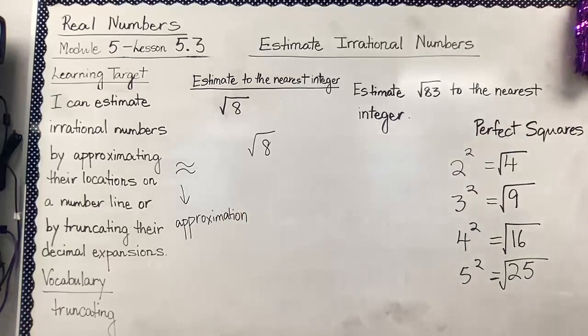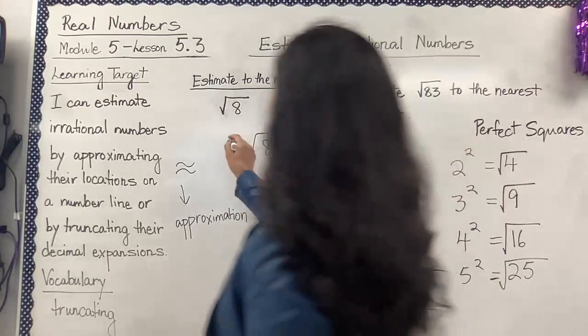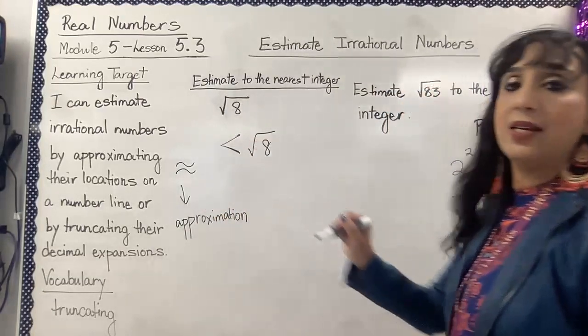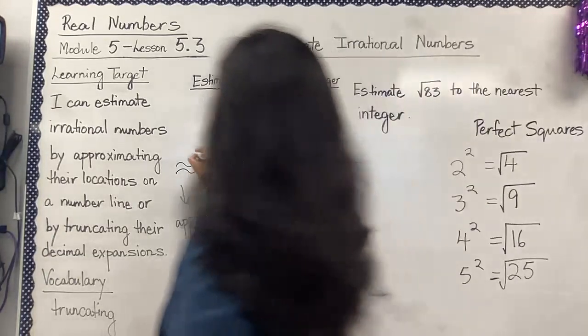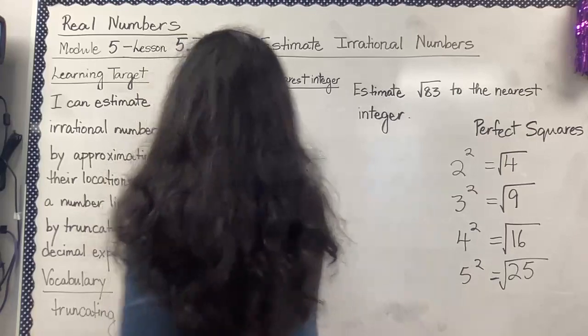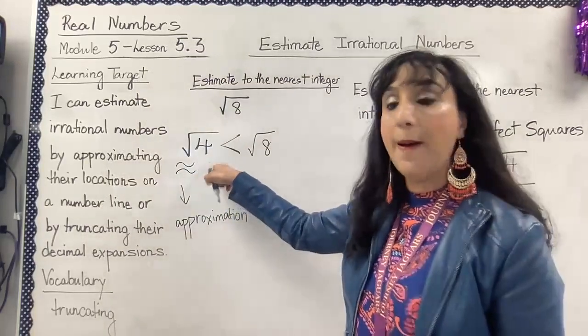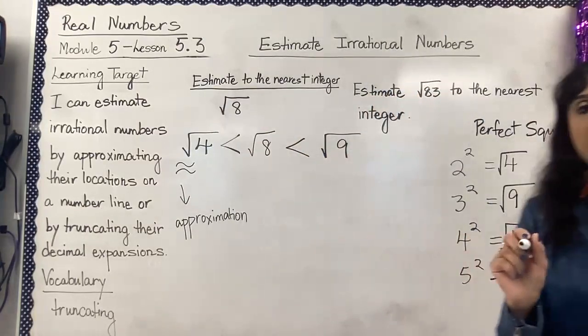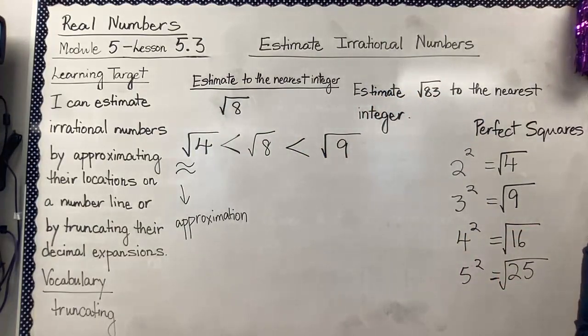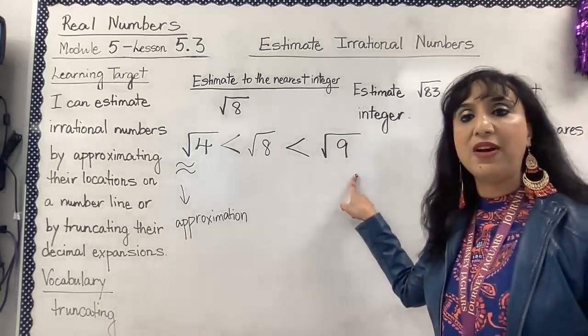So I know that the square root of 8 is going to be more than the square root of 4, because 2 squared, right? But it is less than the square root of 9. Right? So that's the first thing we are going to do. So the two perfect squares are 4 and 9.